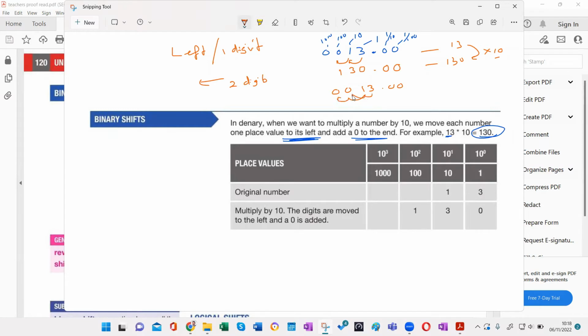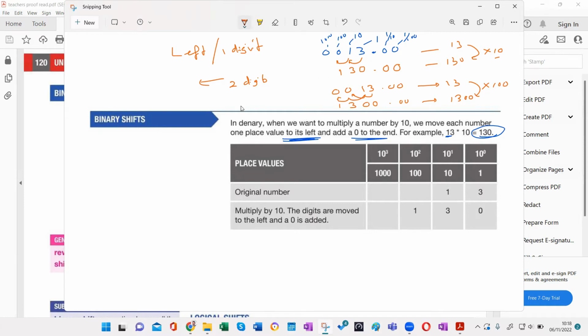So now it will be here, right? And then 2 zeros for the empty spaces. What happened? The original number was 13 and now we have 1300. The original number got multiplied by 100.